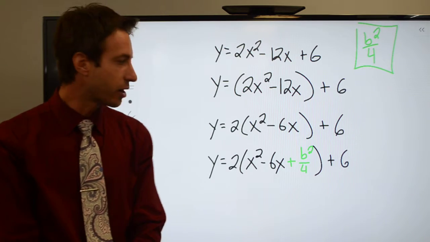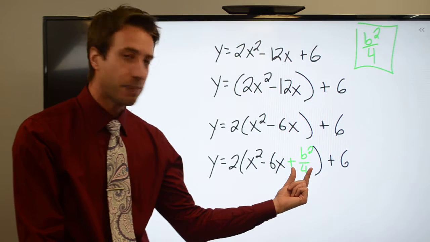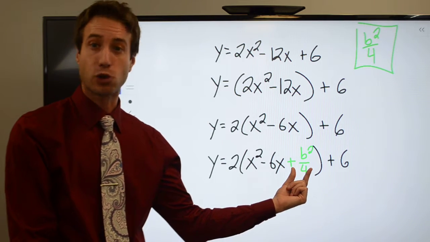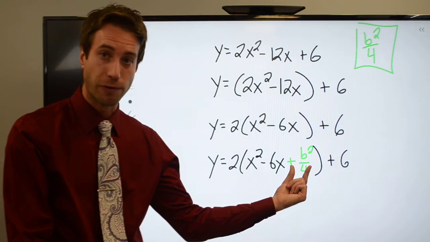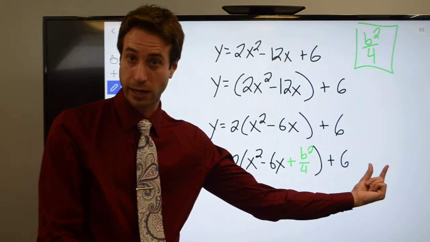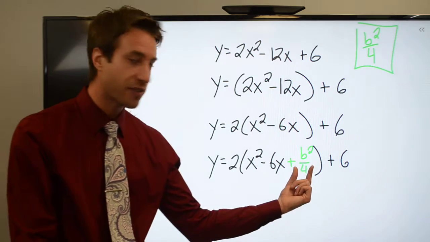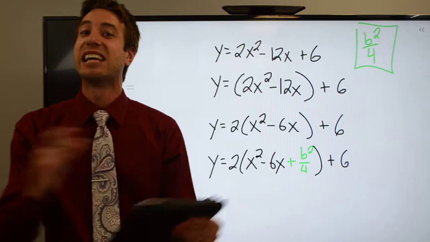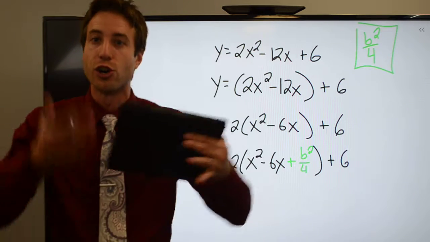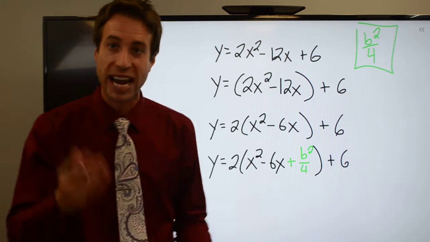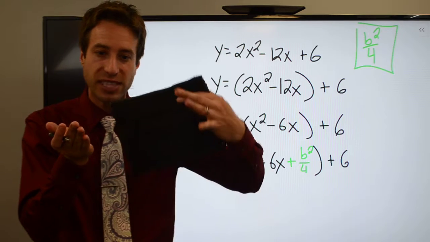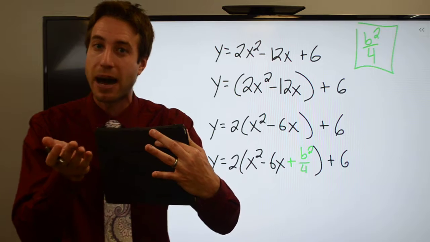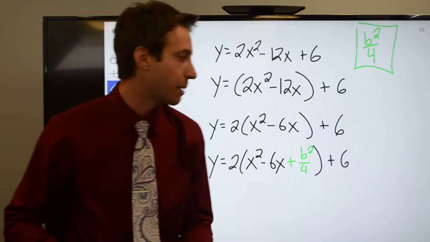Well, since I added b squared over 4 inside the parentheses, just subtract that b squared over 4 on the outside of the parentheses, right? I'll add the number inside, subtract the number on the outside, and as far as the algebra is concerned, we have balanced our equation, right? I added a little bit inside the parentheses, but I subtracted that little bit on the outside of the parentheses, and it brings my equation back into equilibrium.